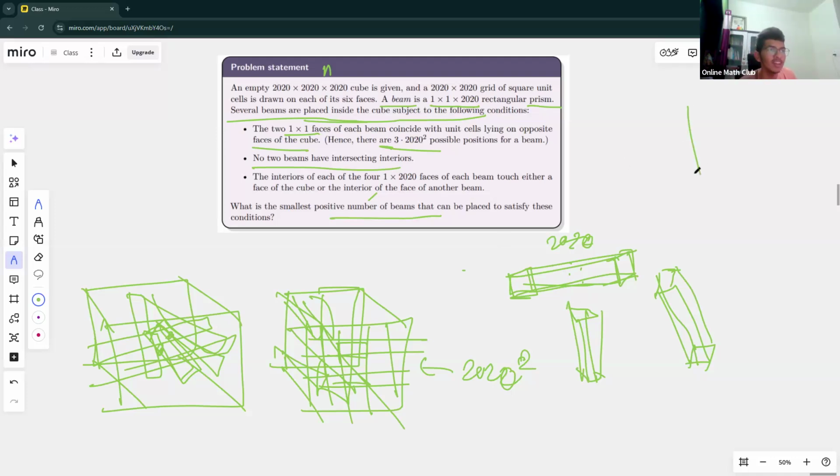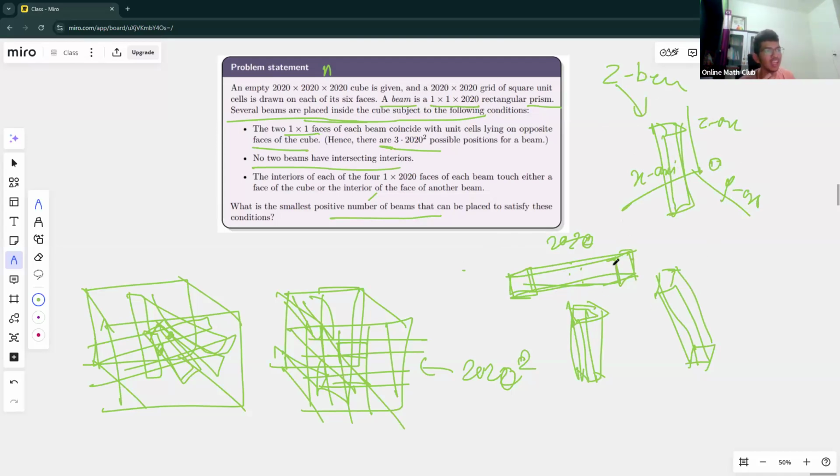So first of all, we consider this orthogonal axis. Suppose this is the x-axis, this is the y-axis, and this is the z-axis, right? Now this beam, which is facing one by one at up and down, we will call the z beam.